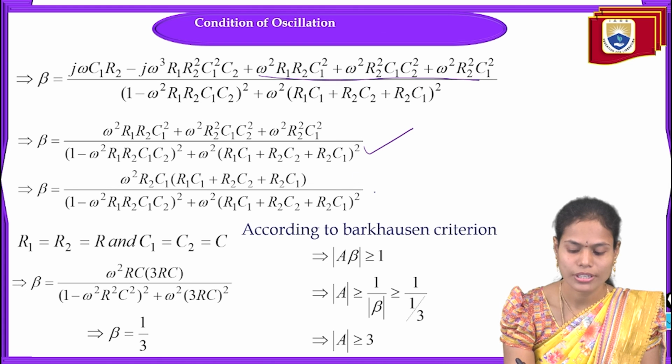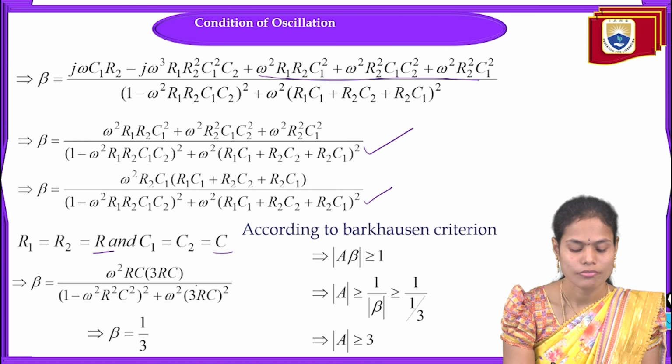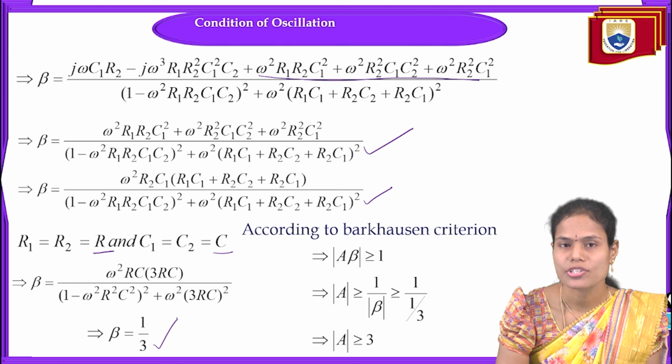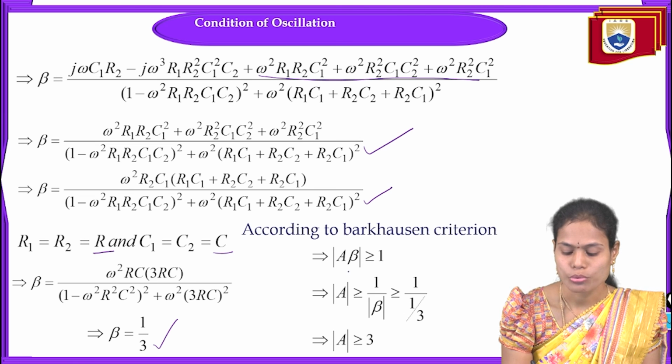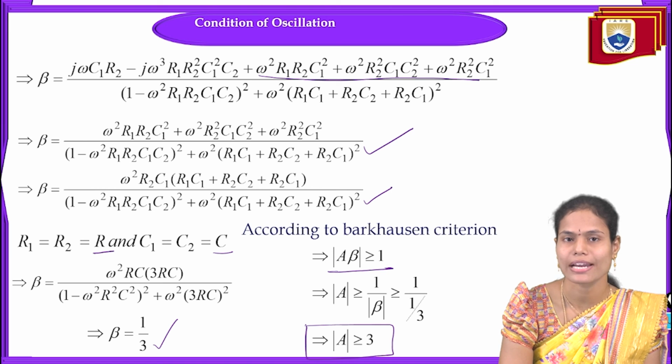And after simplifying this equation and after applying again the same resistance and capacitance conditions, we will get beta value as 1 by 3. So according to Barkhausen criteria, the magnitude of the loop gain should be greater than or equal to 1. So if we apply that particular condition, we will get the loop gain value as greater than or equal to 3. It is satisfying the condition of Barkhausen criteria.